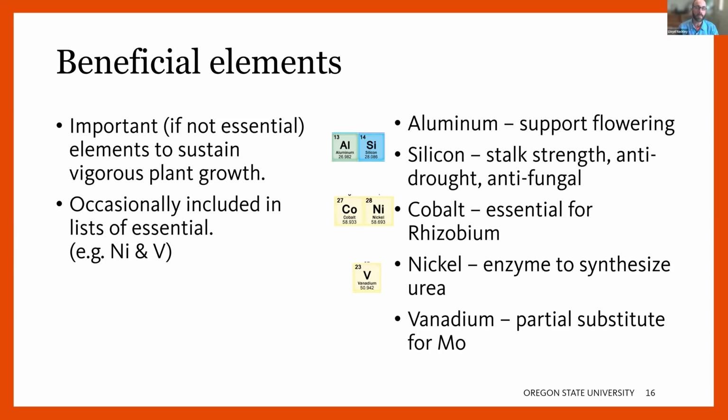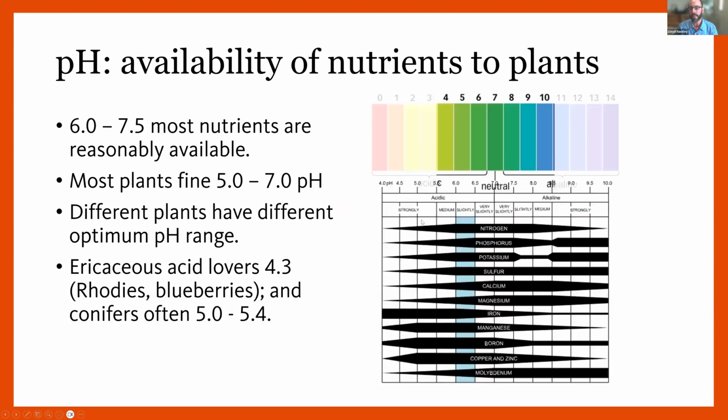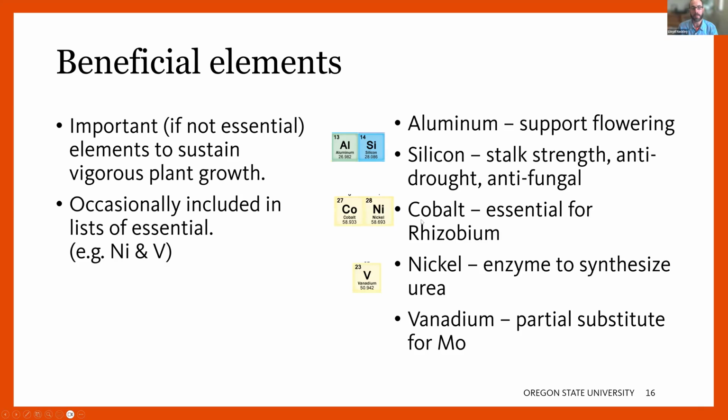Cobalt is essential. So this one's sometimes listed. Cobalt's essential for rhizobium. So if you're looking at legumes and nitrogen fixing bacteria, cobalt must be in the system. So that would be an indirect process, but still essential to plant growth. Nickel helps to synthesize urea in grains, and vanadium can be a partial substitute for molybdenum.